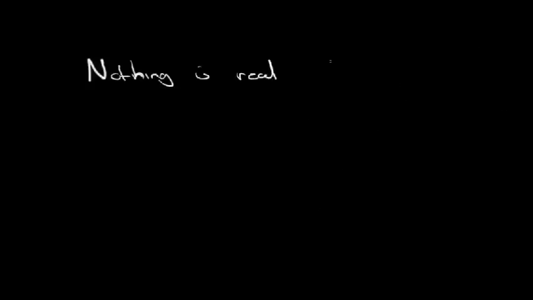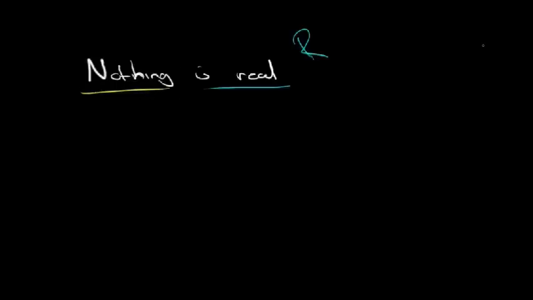Let's just go about it in exactly the same way that we have been before. Nothing is real, so we've got a predicate here, is real. Sorry, we use an R to represent that. And then we've got a quantified statement, nothing, right?